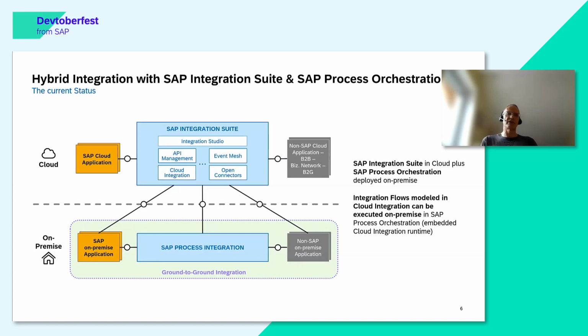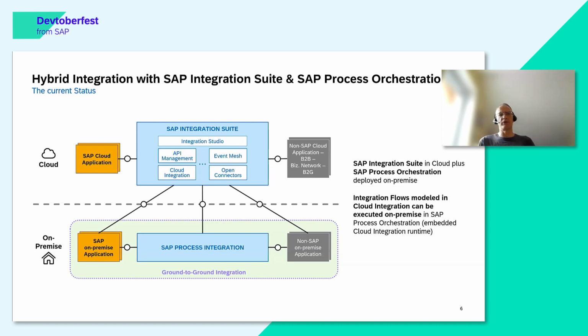Now, the current status, if you look at it from a customer perspective, you see two things. On the one side, you can adopt already SAP Integration Suite, our fully managed cloud offering for doing your integrations. It offers specific components like API management, also cloud integration for modeling integration flows.